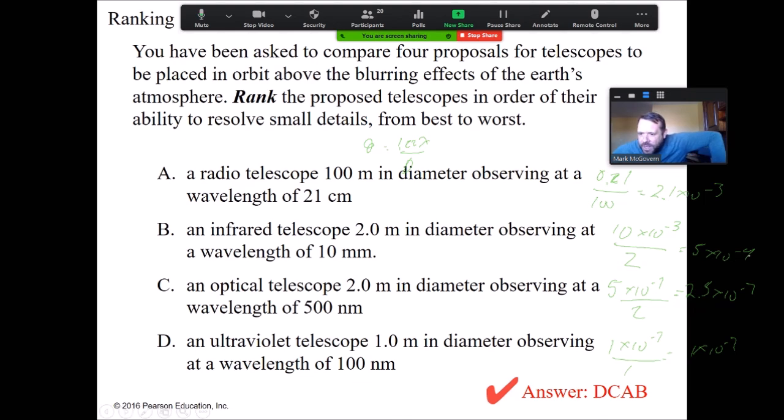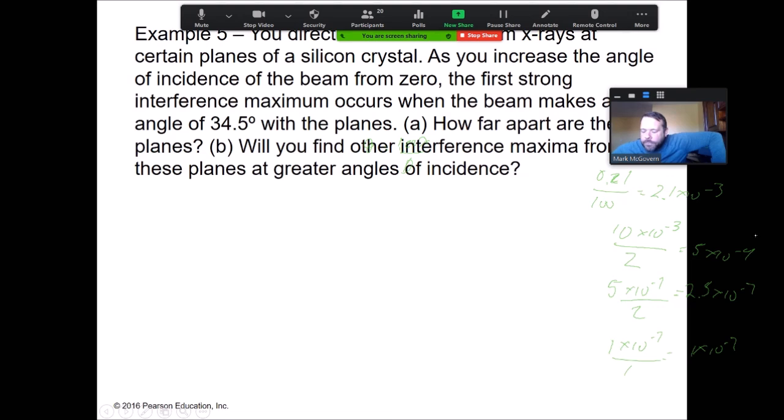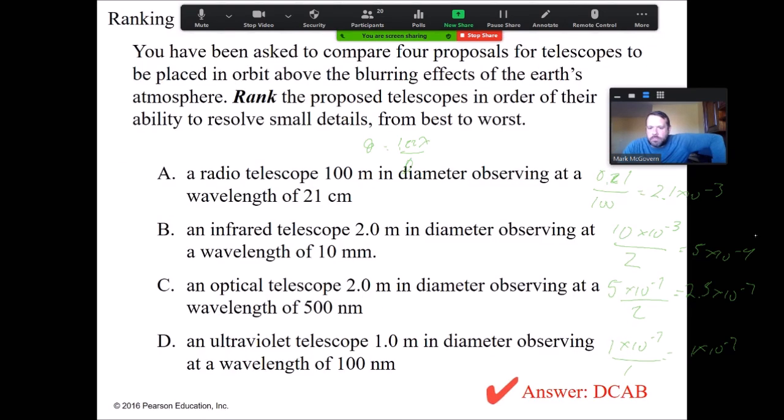That's a 3, not a 4. Oops. Anyway, sorry, that's a 5 times 10 to the minus 3, not a 4. So that is bigger. So it does go D, C, A, B. So that's not terrible, I guess. Can't do my orders of magnitude here.